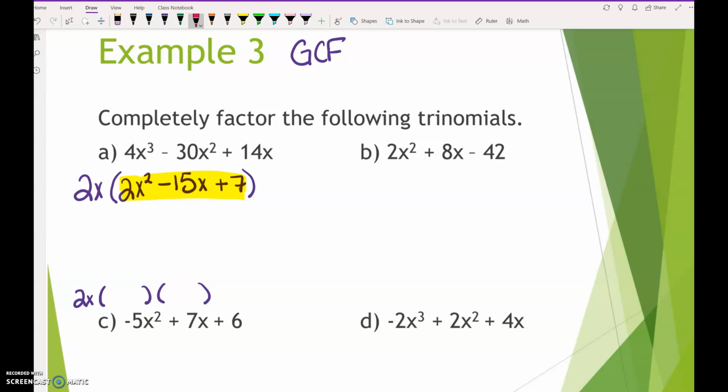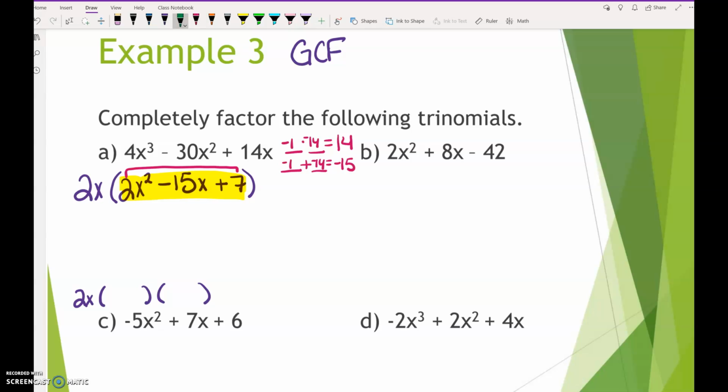Okay, we need to multiply 2 times 7. So we are looking for two numbers that multiply to give us 14 and add up to negative 15. That'd be negative 1 and negative 14. Do you want to do factor by grouping, or do you want to do guess and check on this one?